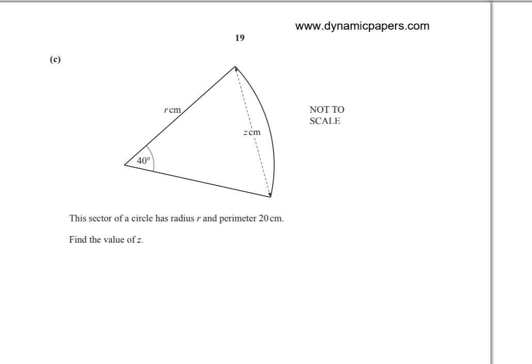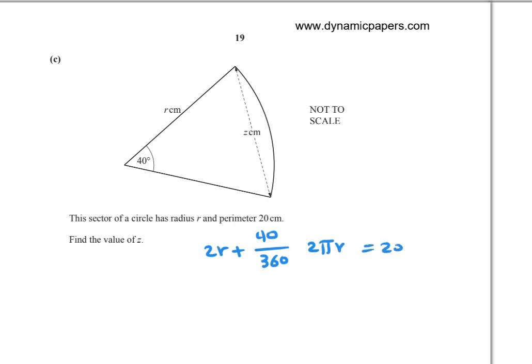Now (c). The sector of a circle has radius r and perimeter 20 centimeters. Find the value of z. We can find z if we can find r, using the cosine rule. So we need to find r. The perimeter of the sector is 2r plus the length of the arc, which is 40 over 360 times 2 pi r.